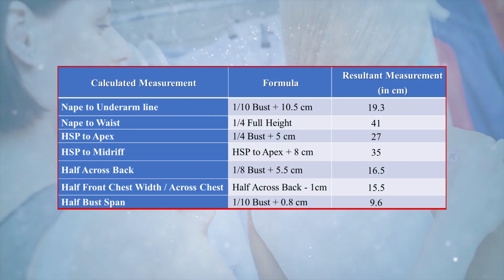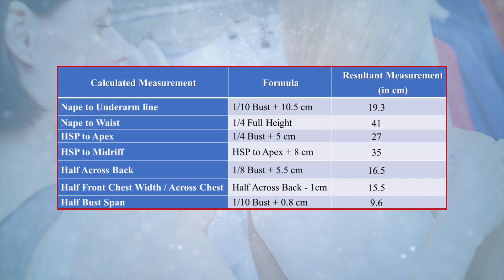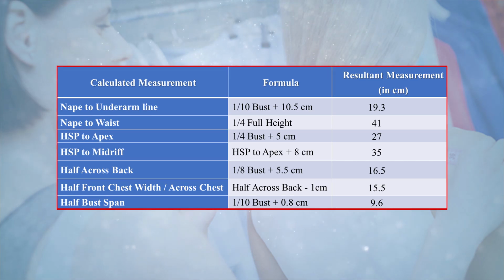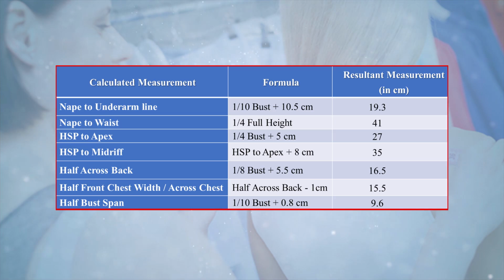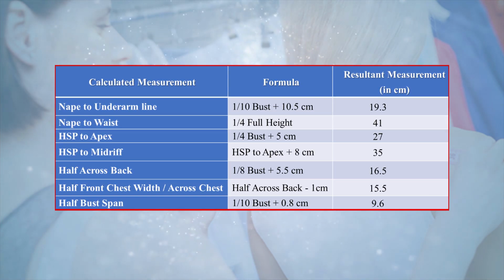Then there are the calculated measurements, the derived or resultant measurements. We have a set of formulas which we use to create the resultant measurement. For example, for the neck to armhole line, the formula we use is 1/10 of the bust plus 10.5 centimeters.